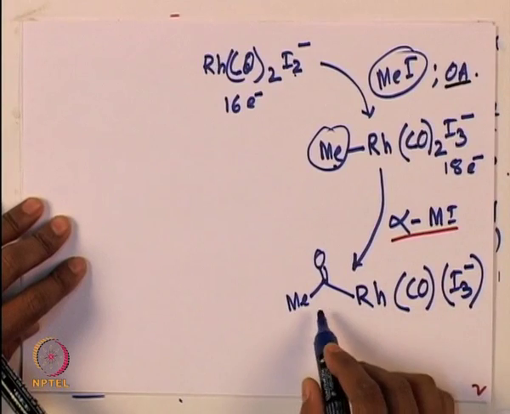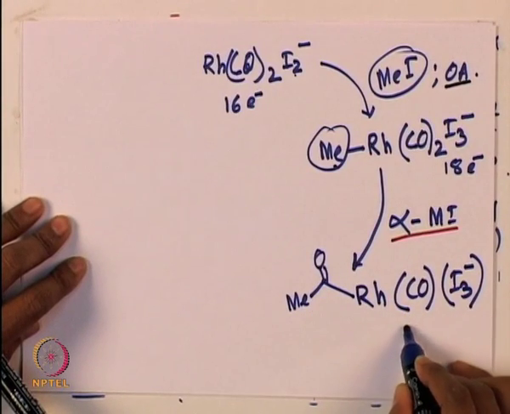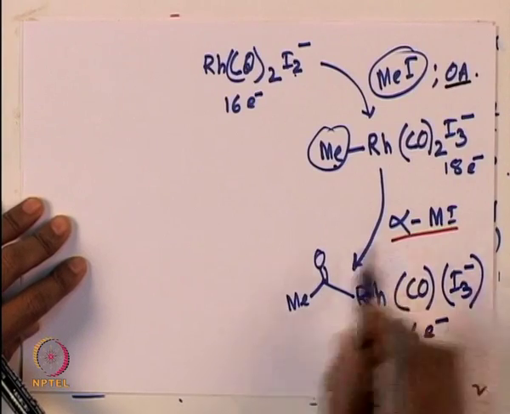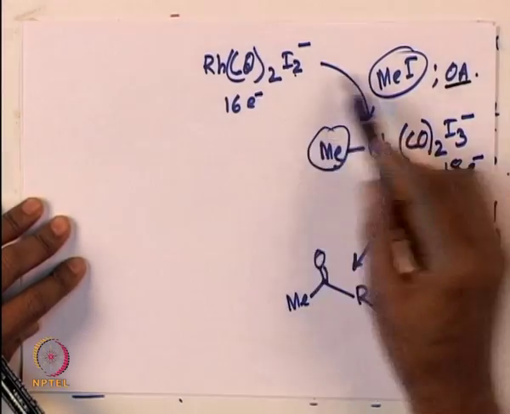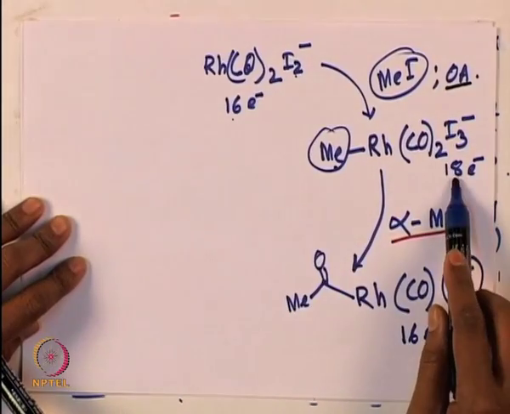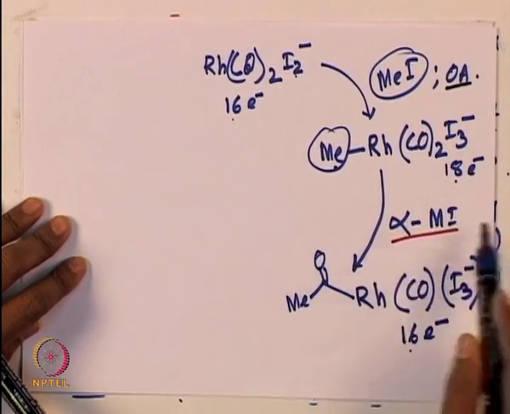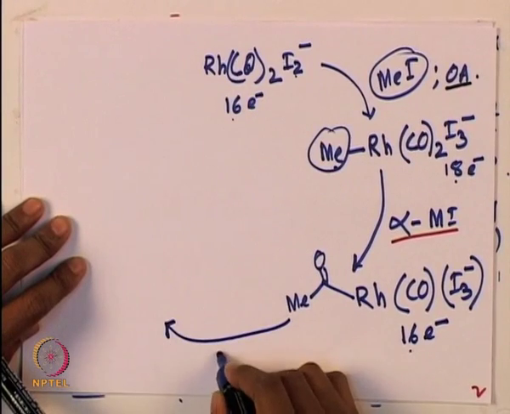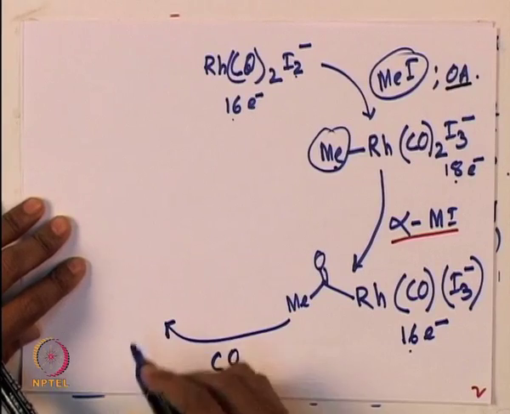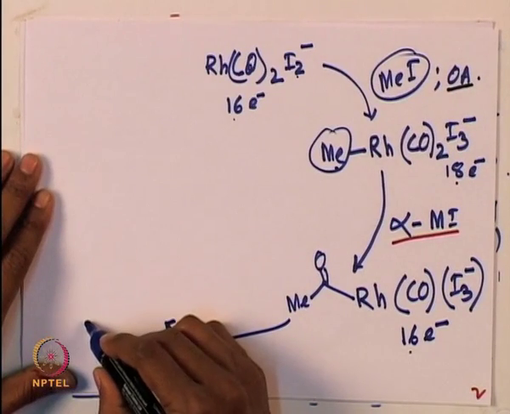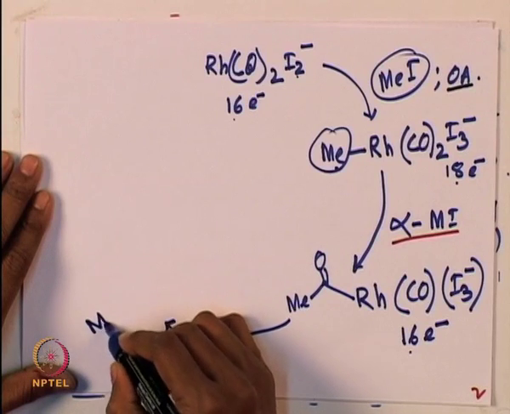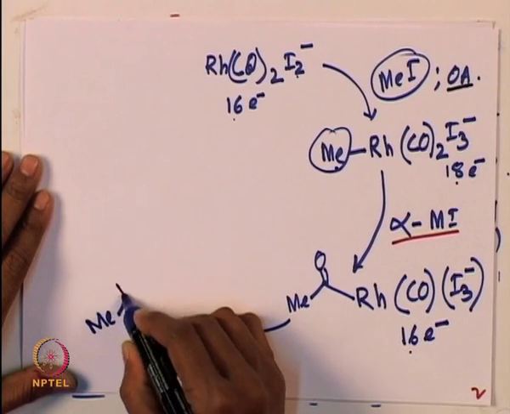Now from there on we have this 16 electron species, right. If you count, oxidative addition gives you 16 to 18 electron, and 18 electron to 16 electron for alpha migratory insertion. Further, now the carbon monoxide is interacting with the metal complex, and therefore these reactions are done under a carbon monoxide atmosphere, as we have discussed in the very first instance.